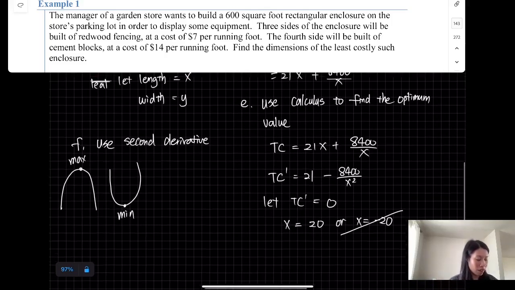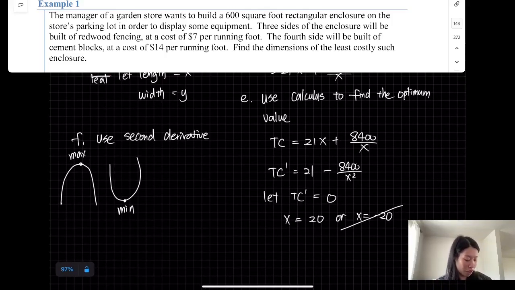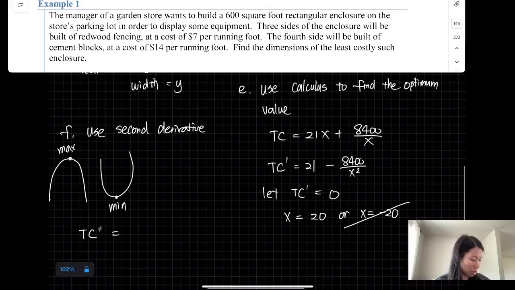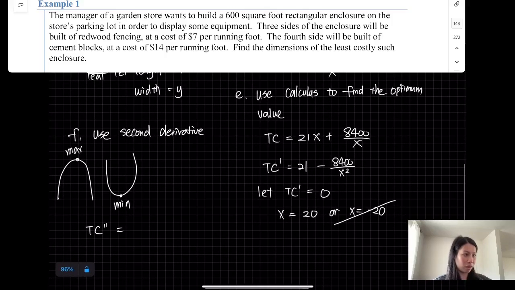So now let's find out the second derivative of the total cost function. So the second derivative is going to equal 3600 over x to the cube. So when we substitute x equals 20 into the second derivative, this is going to give you a positive number. That's enough.